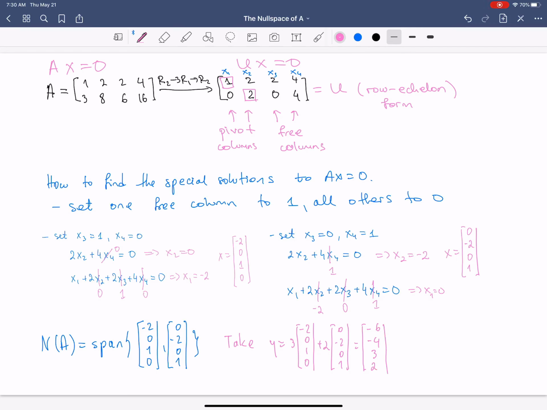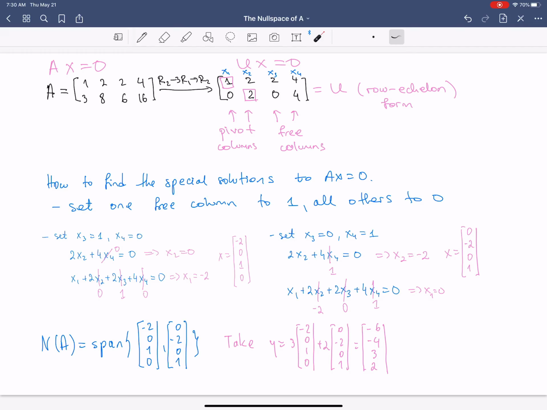So it is not that obvious to see that this vector gives us a solution to Ax equals 0, but let's just check. Let's check with the second row of U. This row dot product with that vector, do we get a 0? 2 times negative 4 is negative 8, plus 4 times 2 is 8, we get 0.